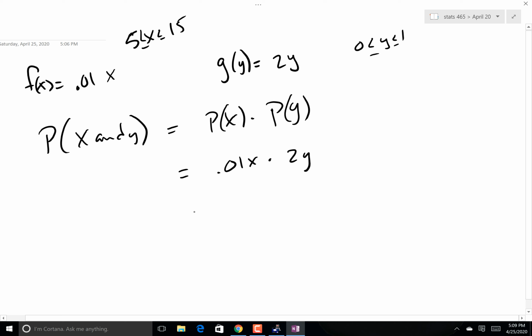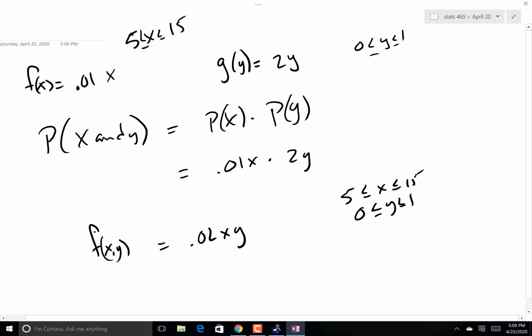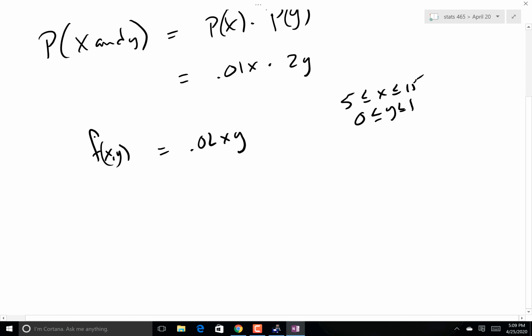And it turns out that when I do this, I will end up with now a function of x and y, which is 0.02xy, 0 less than y less than 1, and of course 5 less than x less than 15. Okay, this is a PDF, and it's an independent PDF. That is, x and y are independent of one another.